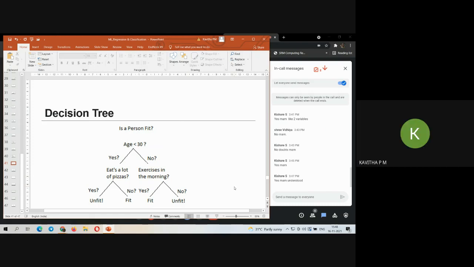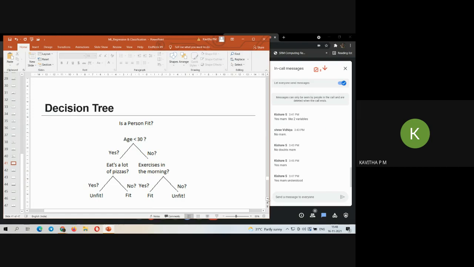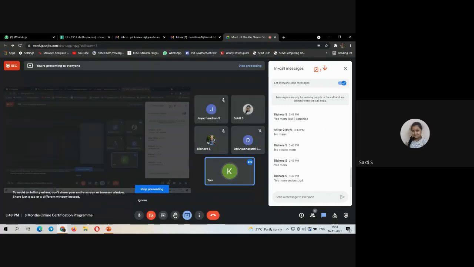Sri Vidya, Divya Bharati. I didn't get a response from Sri Vidya and Divya Bharati. Not able to understand? Sri Vidya is not here, ma'am. Divya Bharati is here. Yes, ma'am.